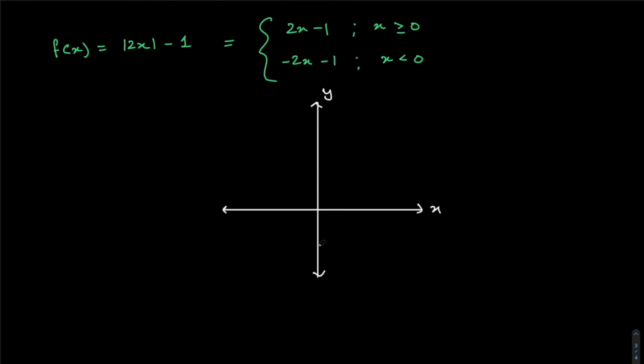Now I'm going to have a function something like this. It's going to be like this, and then it's going to be like this, where this is my x is equal to 0, and my two functions change from here. Again, they are symmetrical. They are symmetrical, agreed. They won't always be symmetrical.